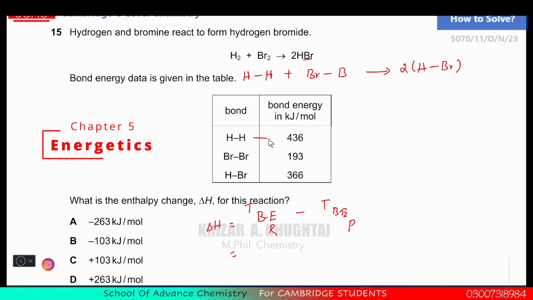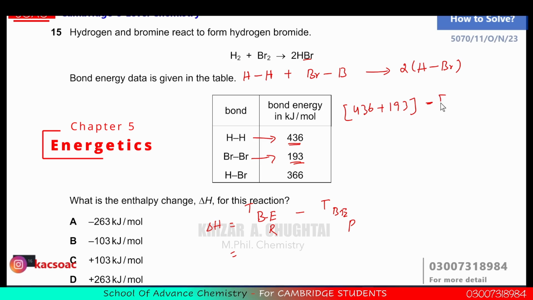Now what is the bond energy of H-H? That is 436. What is the bond energy of Br-Br? That is 193. So 436 plus 193, bracket close, that is the reactants, minus 2 multiplied by H-Br, 366. First, come to the first bracket: 436 plus 193 is 629, minus 2 into 366, which is 732.